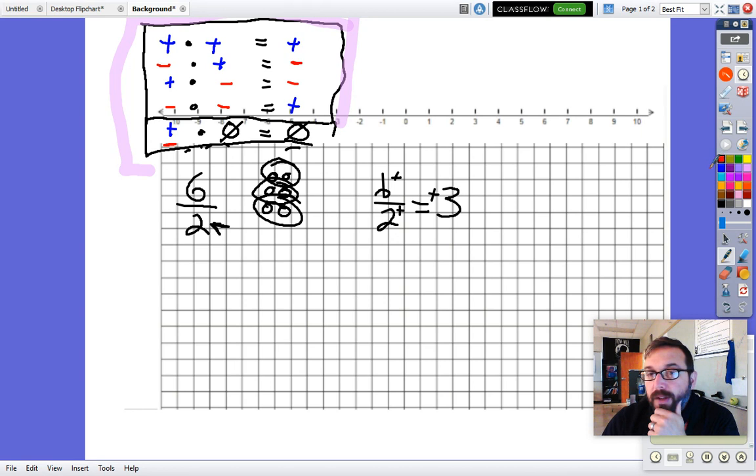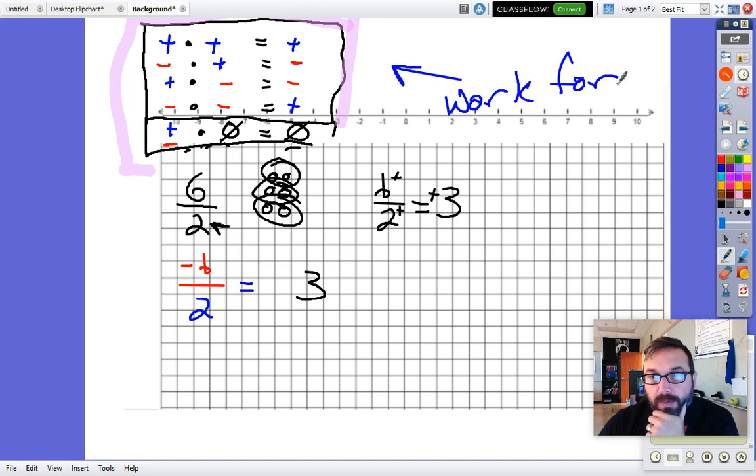Cool. So let's try a negative 6 over a positive 2. Well, I've got a groundbreaking thing for you. Because multiplication and division are so related, these rules for multiplication work for division. So you don't have to rewrite anything. I have a negative 6 divided by a 2. That's 1 negative. So I have a negative and a positive.